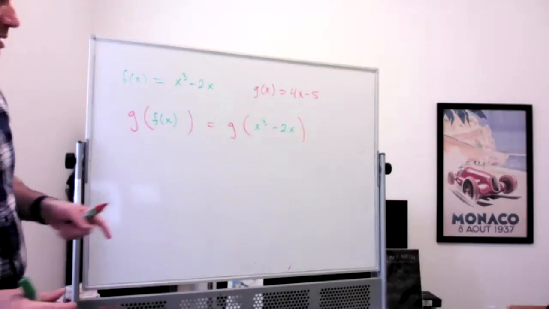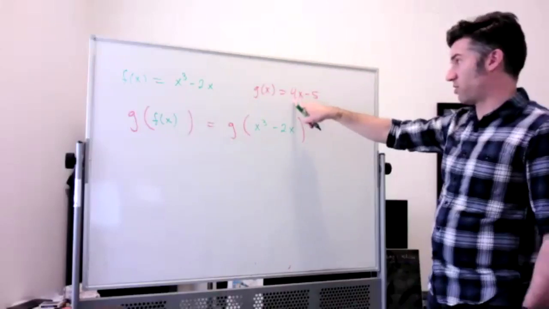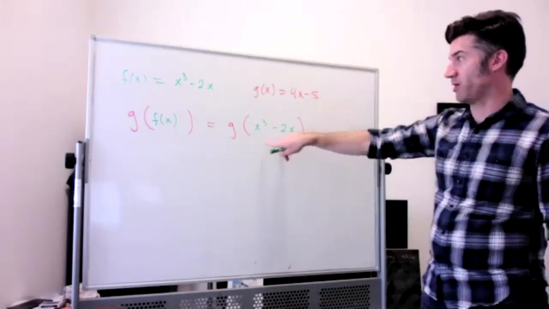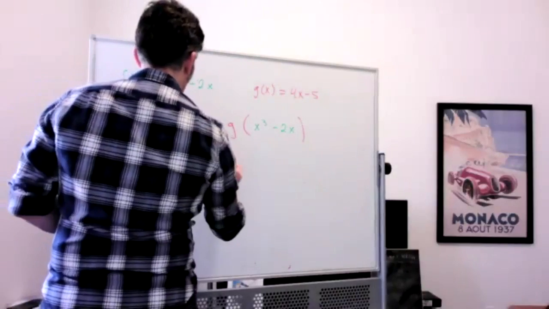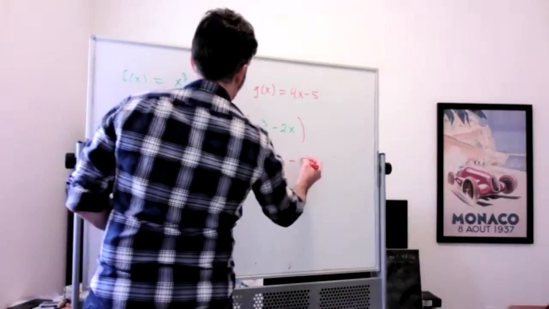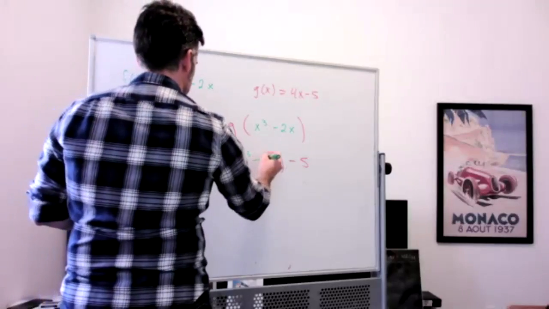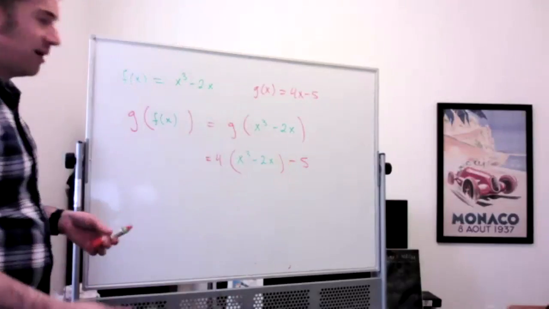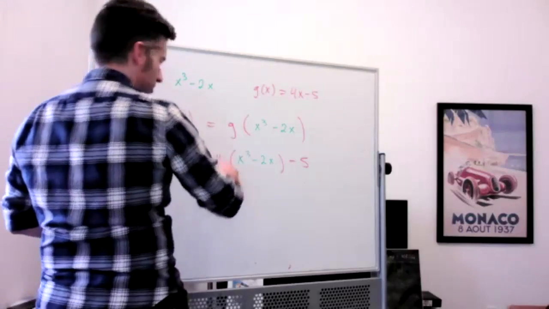And then g says, take whatever's in the parentheses. So g of x is 4 times x minus 5. So g of parentheses is 4 times parentheses minus 5, where the thing in parentheses is x cubed minus 2x. And then you could simplify it a little bit, right? I'm going to distribute the 4.